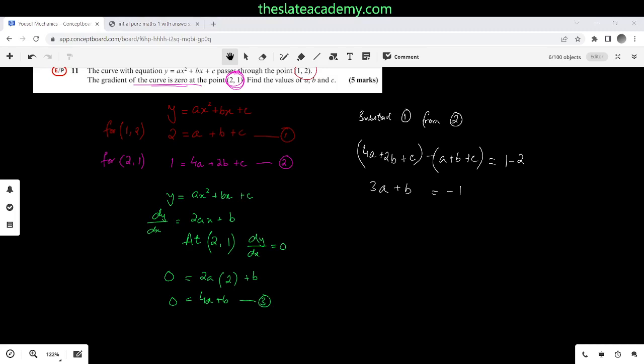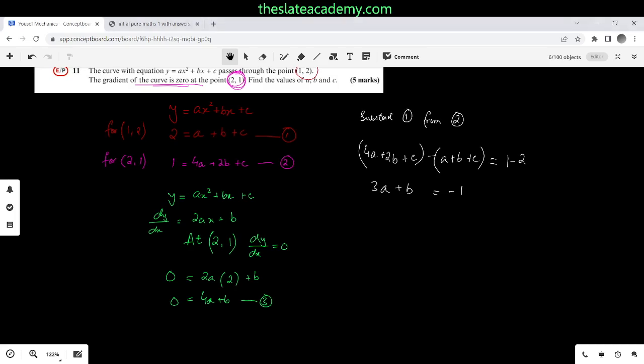Okay. Let me call this equation 4. I have already got an equation 3. This is the fourth equation. So I say subtracting 4 from 3.